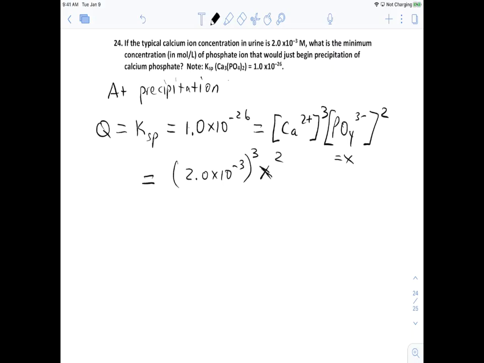It's easier to solve if you call it X. So 10 to the minus 26 is this number here. You can divide both sides by 2 times 10 to the minus 3 cubed, and then take the square root. You end up with X equal to 1.1 times 10 to the minus 9. You have to remember what you were solving for, of course, and that is a concentration.